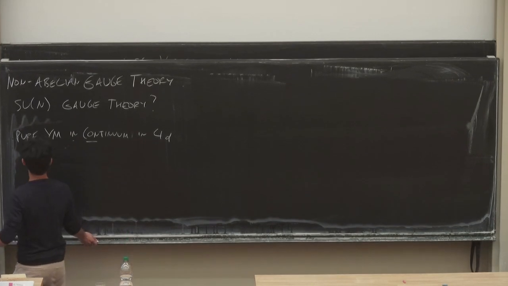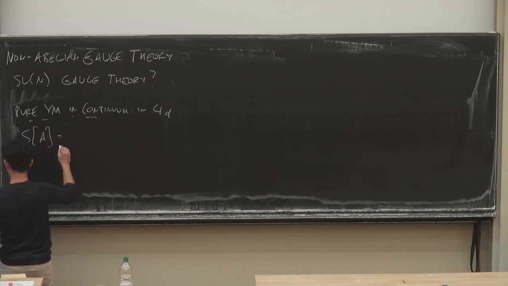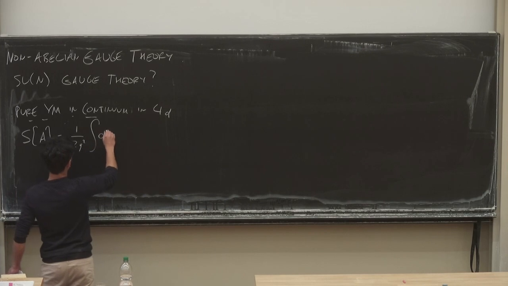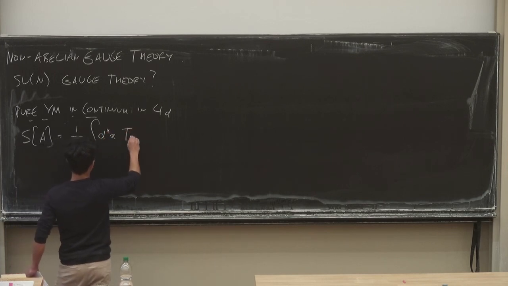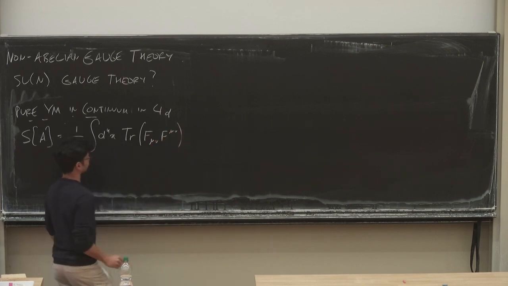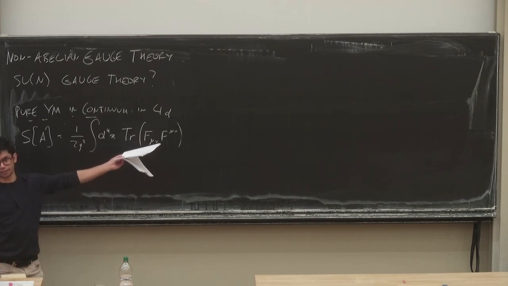And the continuum action is S, which is a function of a non-abelian gauge field now A, equals 1 over 2g squared, integral d4x, trace of F mu nu squared, okay? Where this F is the non-abelian field strength, okay?